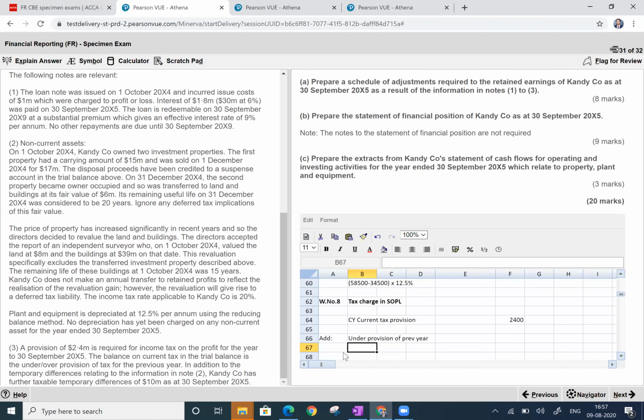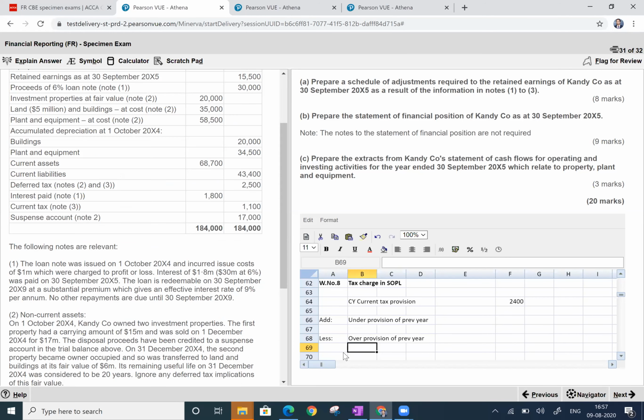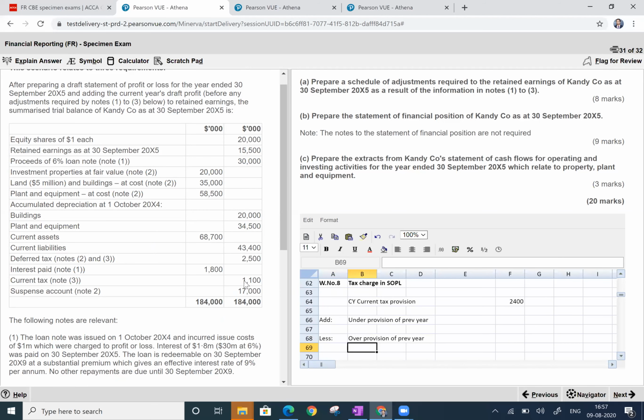Less over provision of previous year. Now check. Current tax is on the credit side. That means it is an over provision. So this is 0. This is minus 1,100.